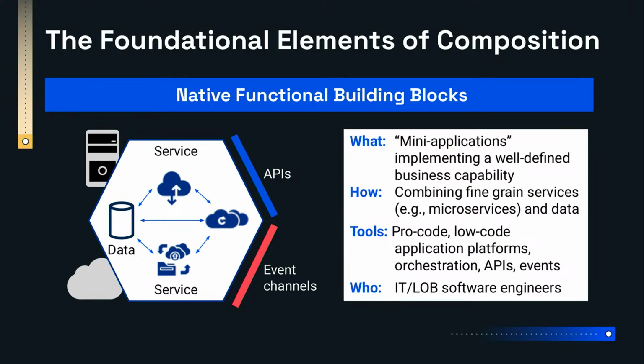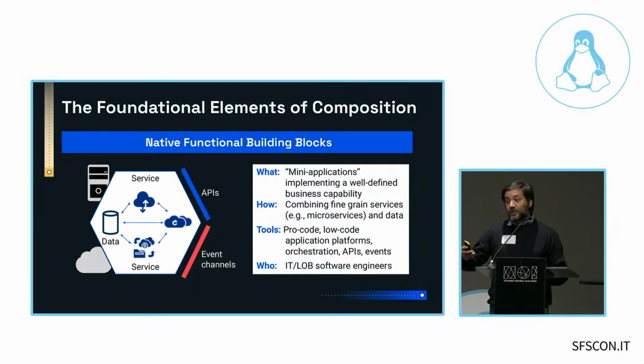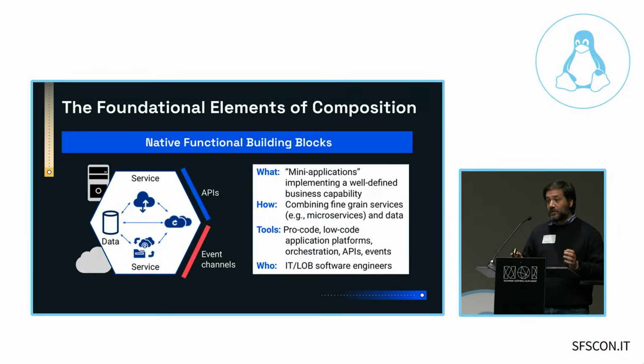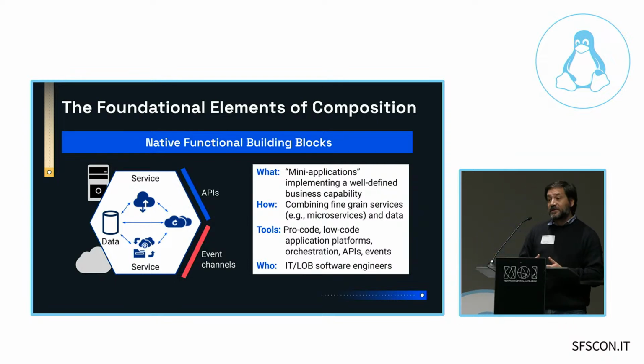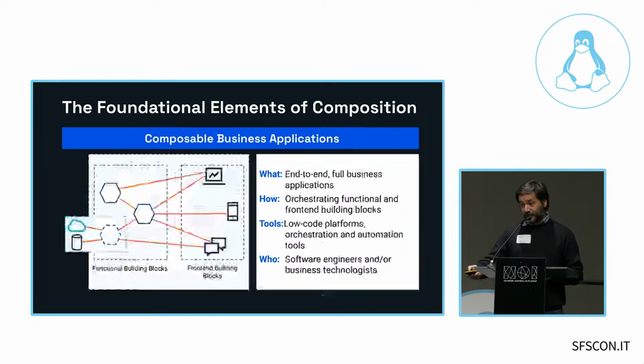And this is made by isolating these components and using high-level interfaces in order to let these components communicate with each other. Basically, you have APIs and you have events. It's not something new, but what is important is the freedom that you gain and the aspect of the combining of all these elements together in the way you want.